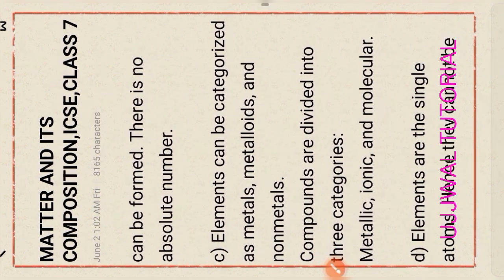Next point: elements can be categorized as metals, metalloids, and non-metals, but compounds are divided into three categories: metallic, ionic, and molecular.